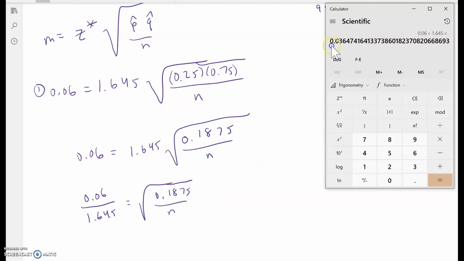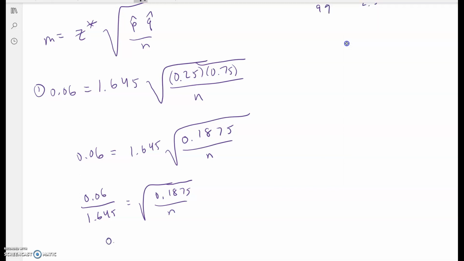So if you round it off to like 0.04, then you do another calculation and the result's even less accurate, and you do another calculation and the result's even less accurate. So don't round off too much. So maybe keep like 6 digits. So 0.036474 should be good enough. Okay, equals square root 0.1875 over n.